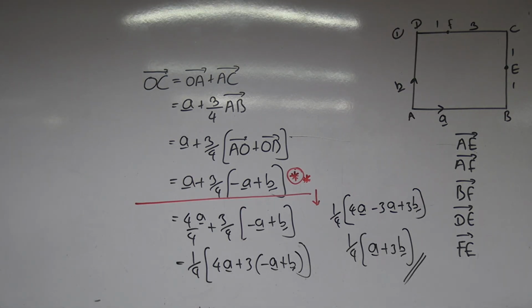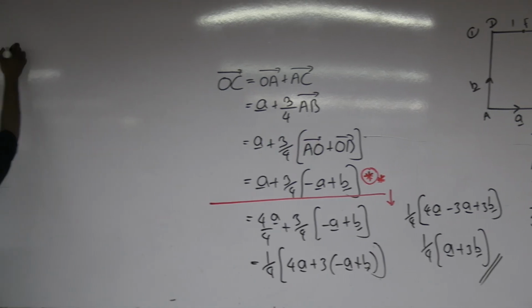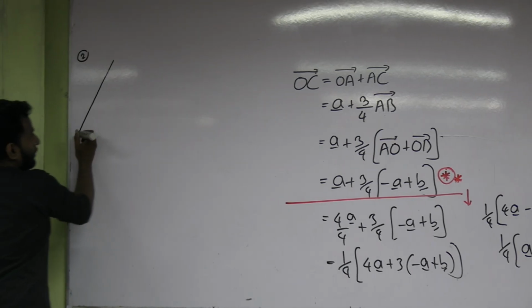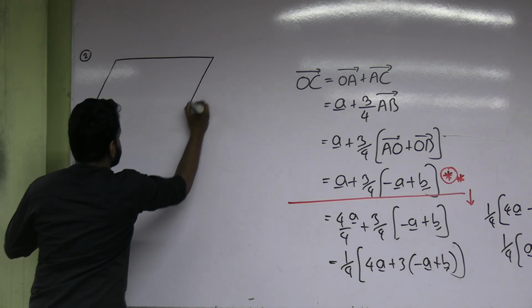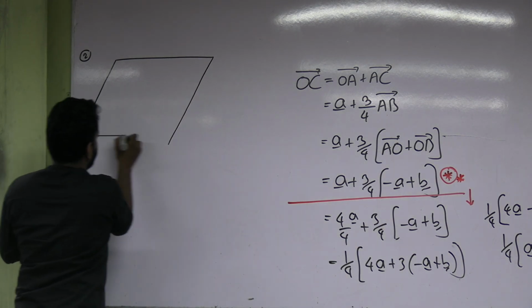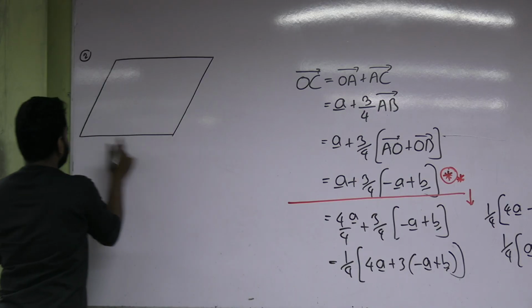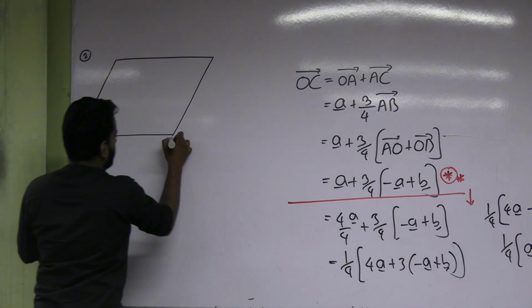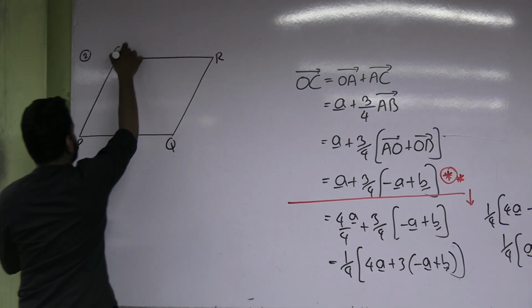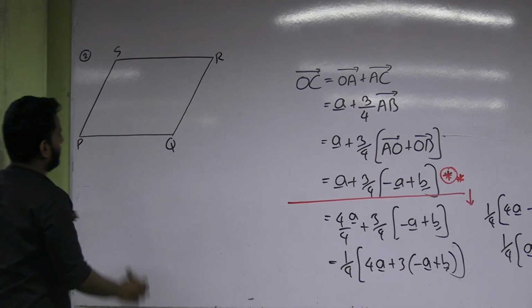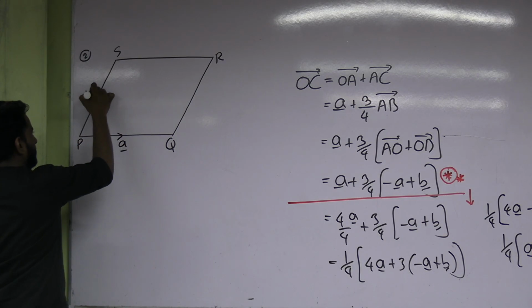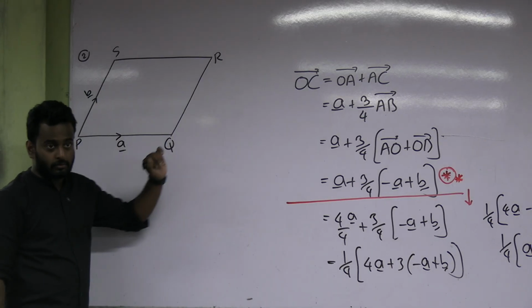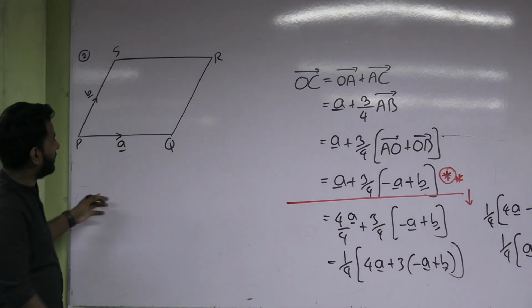Right, so here the question 2. We have parallelogram PQRS. This is P, Q, R and S. So here the vector PQ is simple A and this is given as simple B. Make sure you write the equal vectors. So the ones who joined today, I will explain it later.